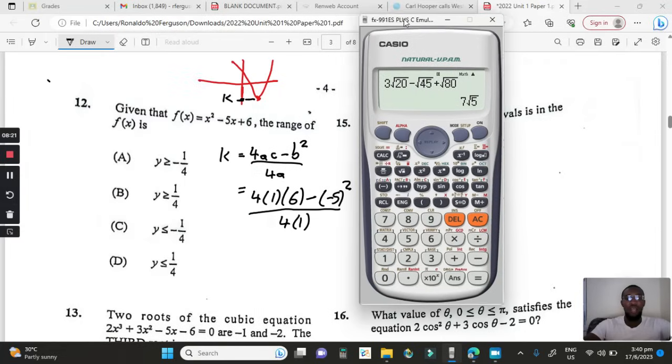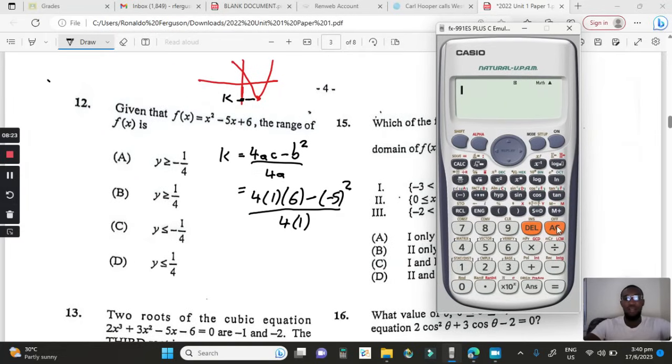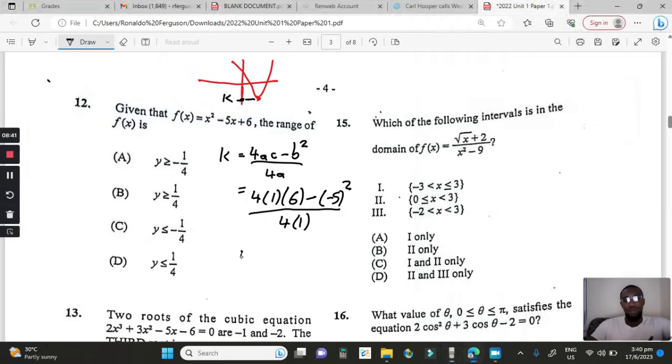Or you could go ahead and complete the square by factorization. I'll put it in the calculator and we'll get negative a quarter. So y is greater than or equal to negative a quarter, because that's what we're getting. That's the y value.